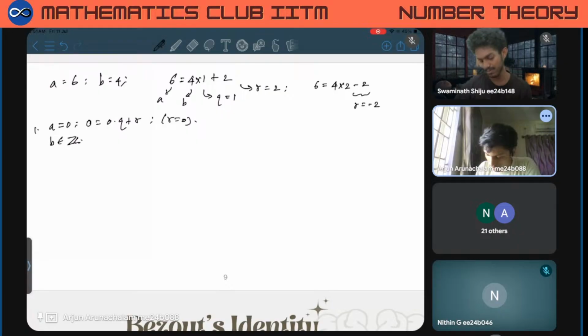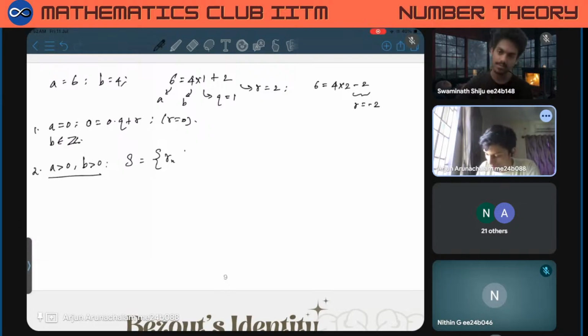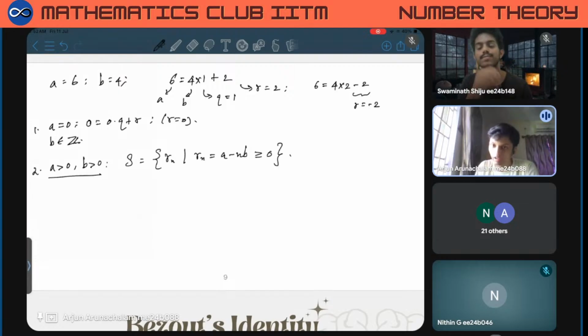Let's take the other case where a is greater than 0, and b is greater than 0. So now we'll define the set S of Rn, where Rn is equal to a minus nb, and it being greater than or equal to 0.